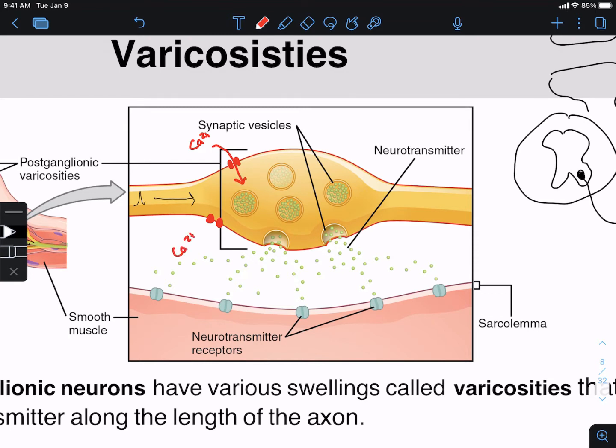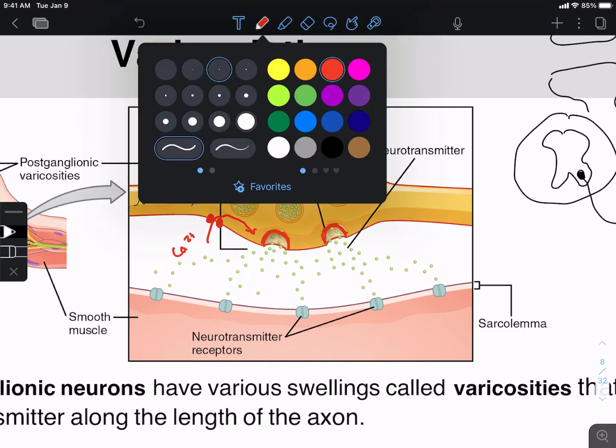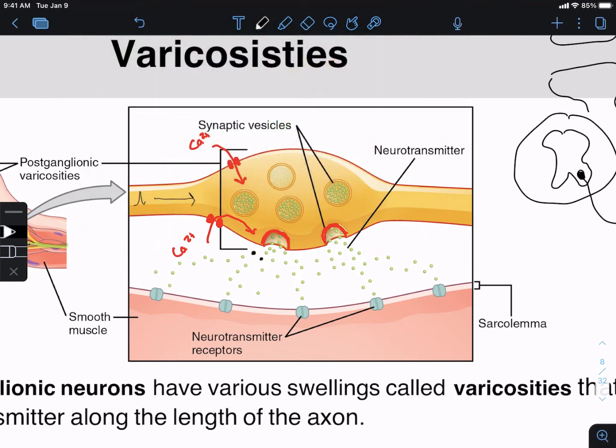When calcium enters the cell, it's going to bind to docking proteins and promote the fusion of the synaptic vesicles with the plasma membrane. The vesicles will dump the neurotransmitters, shown here as these little circles, into the synaptic cleft. And the neurotransmitter will pass across the synaptic cleft, where it will interact with the neurotransmitter receptors you can see shown here.